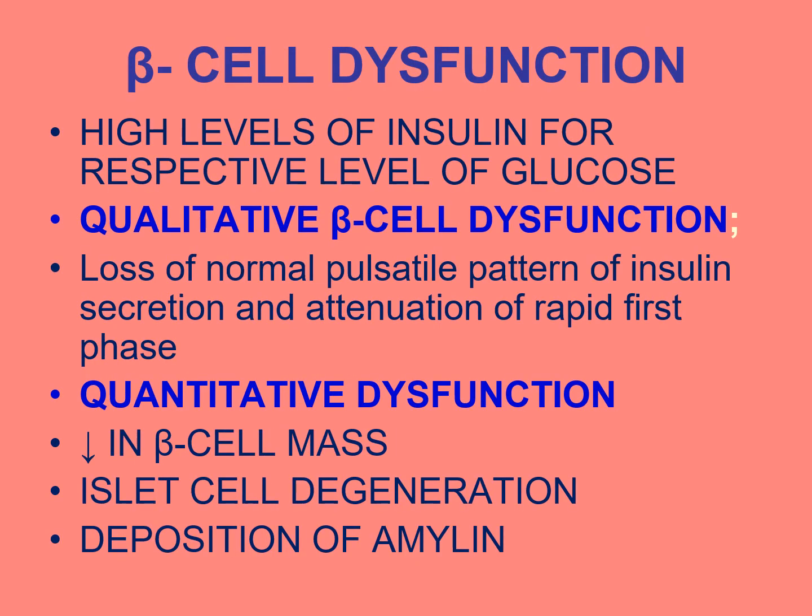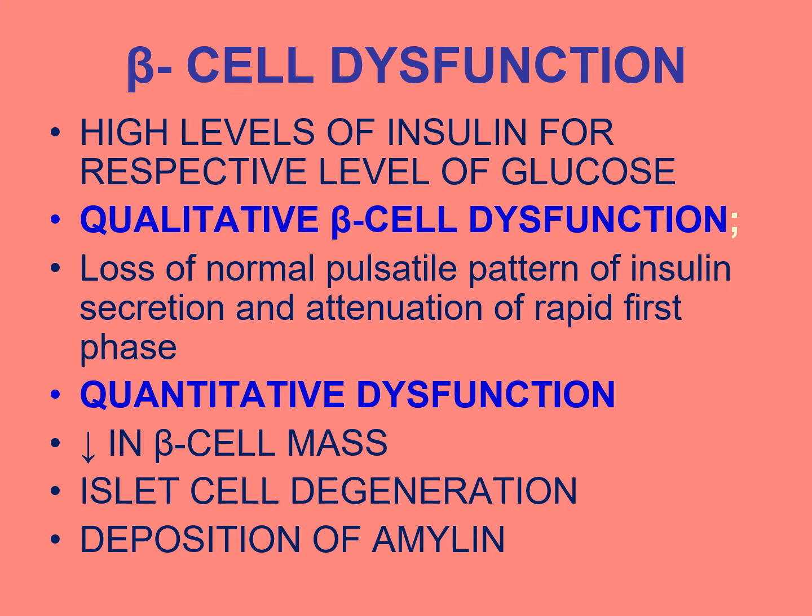Beta cell dysfunction, high levels of insulin for respective levels of glucose. We have talked about that, it may be qualitative or it may be quantitative. What is meant by qualitative? That is the loss of normal pulsatile pattern of insulin secretion and attenuation of the rapid first phase.